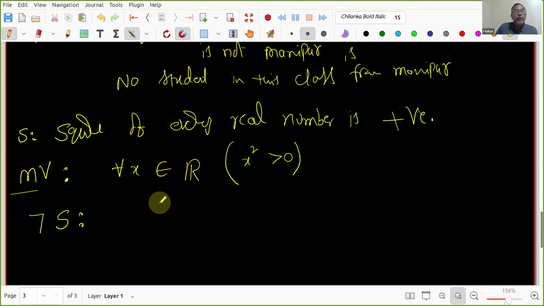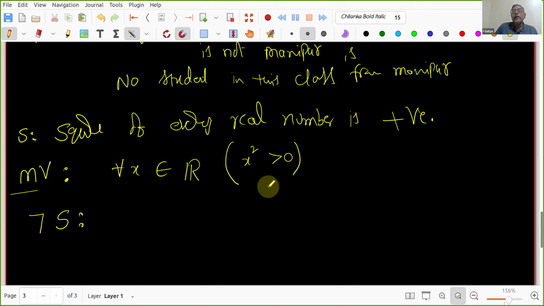If that is true, then automatically this becomes false. Sometimes that is very useful. You may wonder why for the last 2 days we have been working only on quantifiers and negations. Sometimes you are not aware whether a given statement is true or false, and there is some confusion. Then take its negation and try with that, and with that you know whether the original statement is true or false.